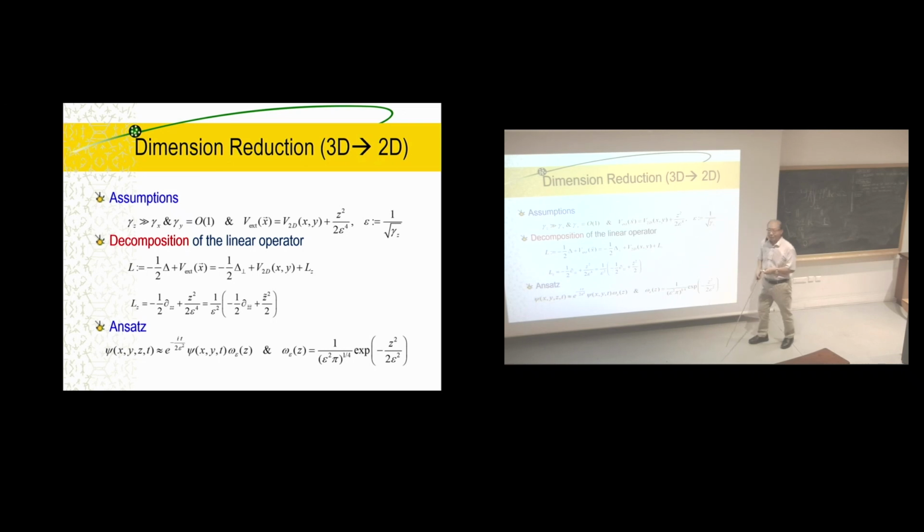So with this decomposition, we can assume the following ansatz: psi(x,y,z,t) can be written as exponential of minus it over 2 epsilon squared, times psi(x,y,t), times omega epsilon(z). This omega epsilon(z) is the ground state of this operator. And for this omega epsilon(z), when epsilon goes to 0, it converges to a Dirac delta function.